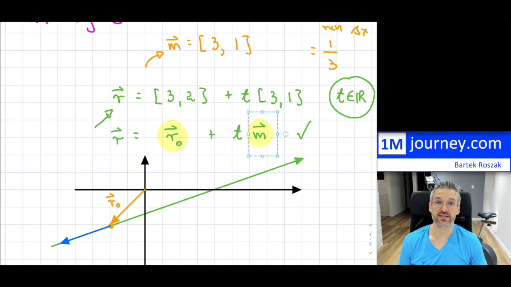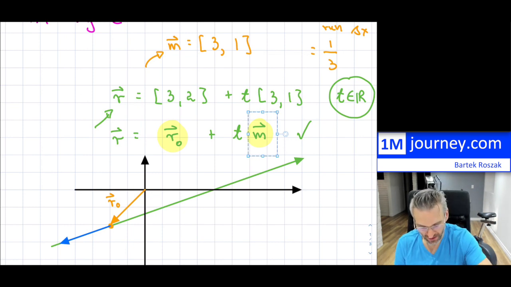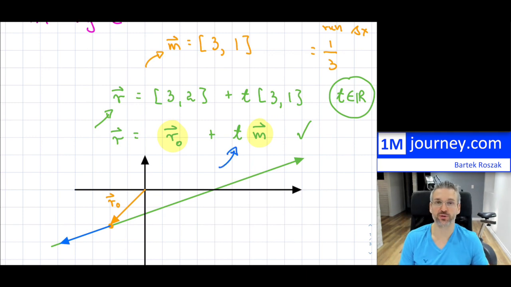But it can also be scaled. It can be a big vector, smaller vector. You might want to have it as a unit vector, and that's fine. But that's up to you. And then this will simply traverse the line for you. All right, so this is one way of being able to do that.